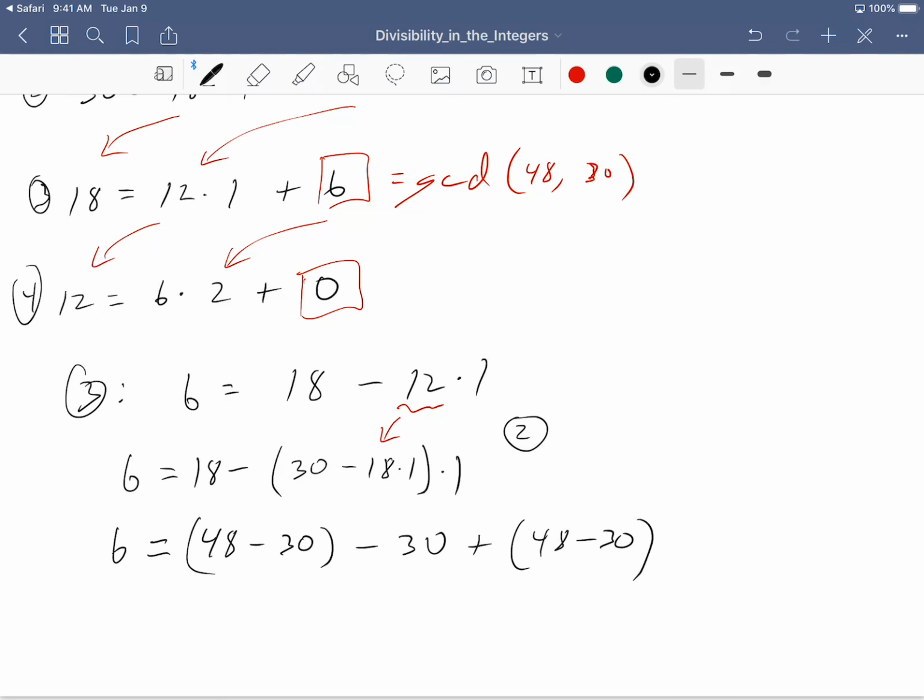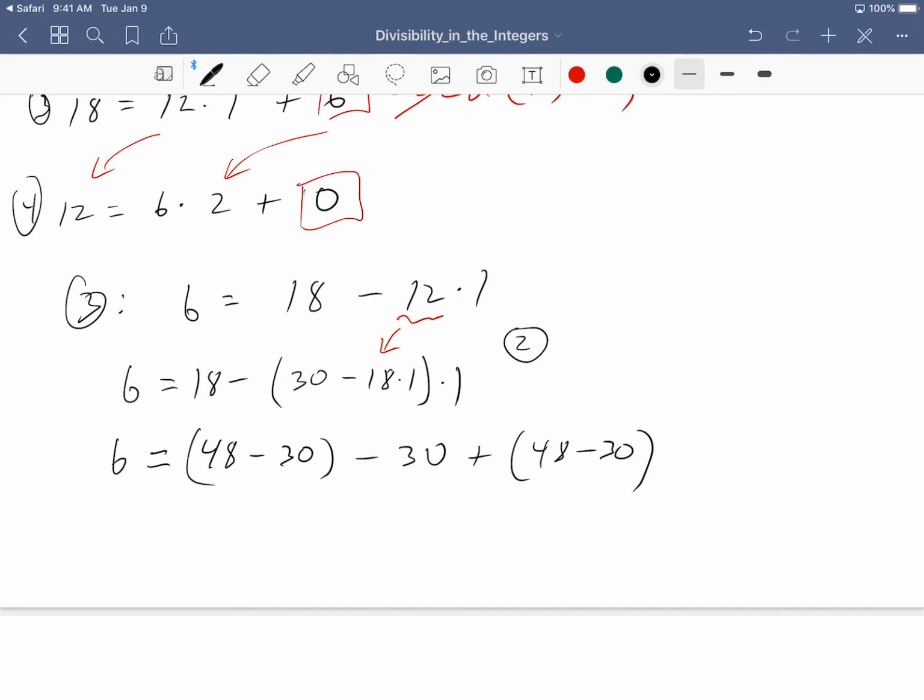Now I've replaced all of my numbers with 48s and 30s. So 6 is, there's a 48 and another 48, so I have two 48s, and then a minus 30, a minus 30, a minus 30, so plus a negative 3 30s. So that's my x, 2, and my y is negative 3.